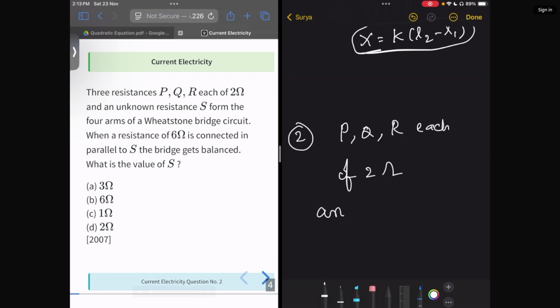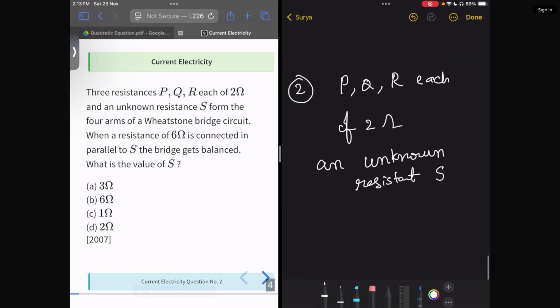An unknown resistance S forms the fourth arm of a Wheatstone bridge.